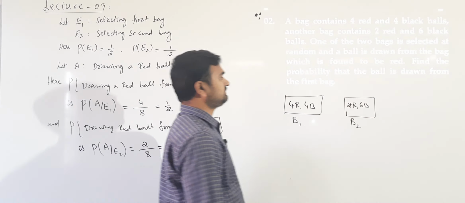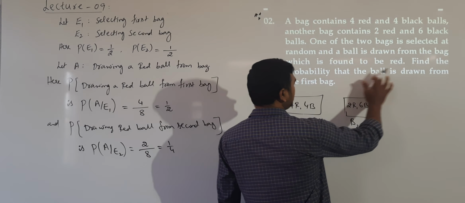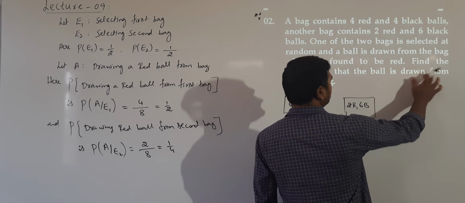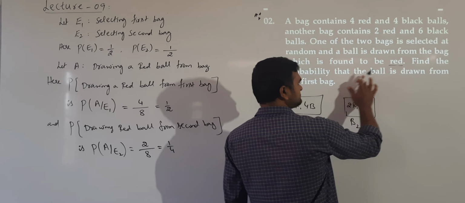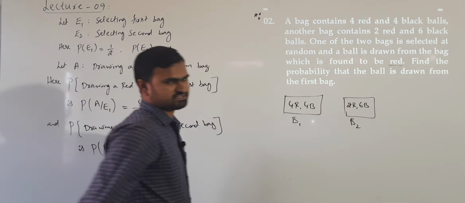Now what is the probability we require? We require the probability that the ball drawn is from the first bag. Already we know the color is red. Now what is the probability that it is drawn from the first bag?